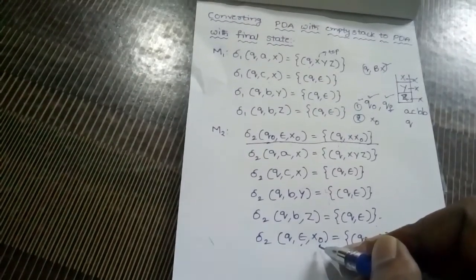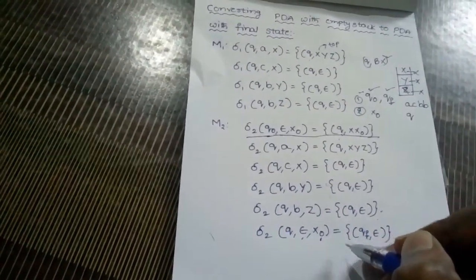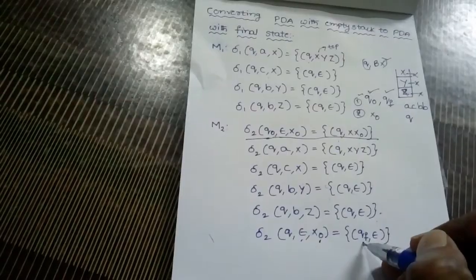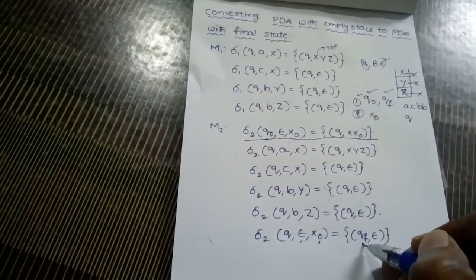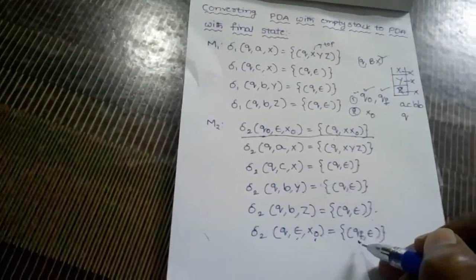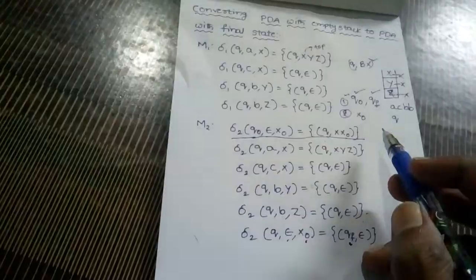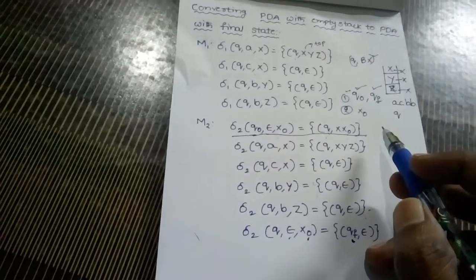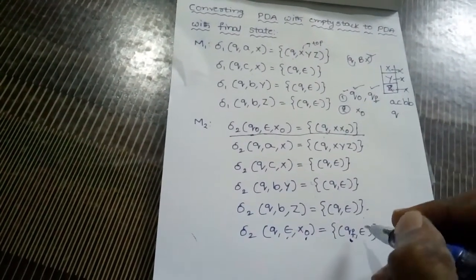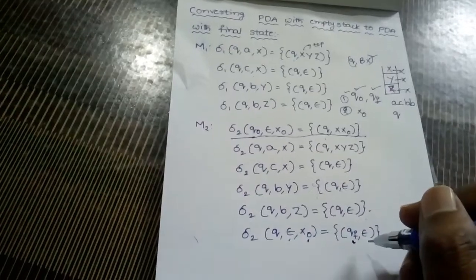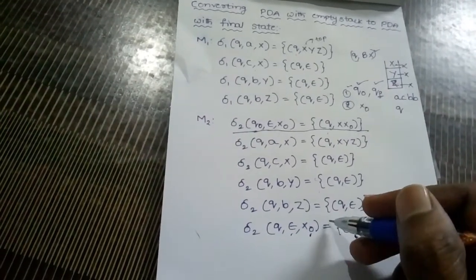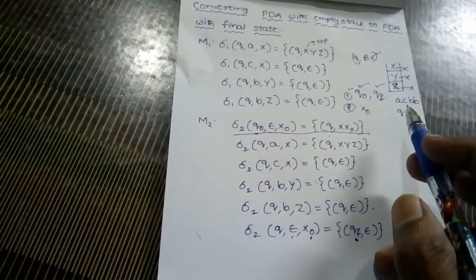X naught. Now which is equal to, here you have to write the state, that is the final state whatever we considered. We considered initially two states, no? QF is the final state, so that QF state you have to write here, and epsilon means you have to delete the X naught, the only symbol in this stack.